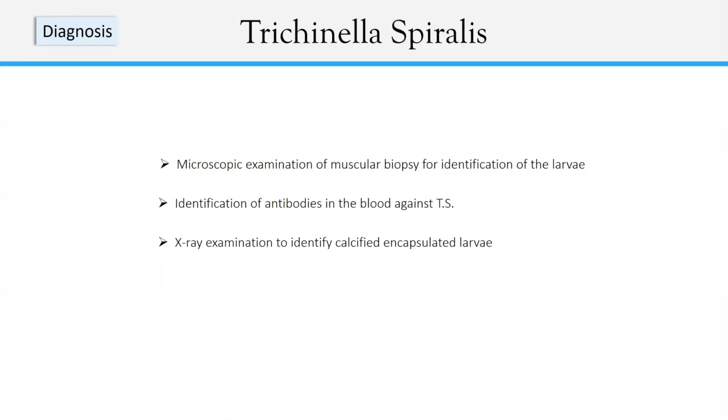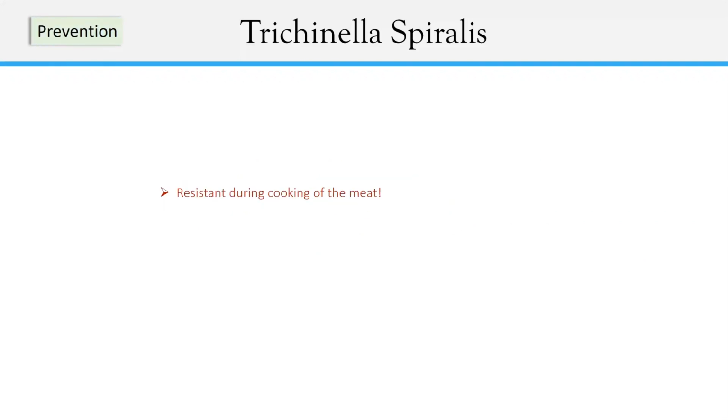Another option is X-ray examination to identify calcified and encapsulated larvae. It is important to note that Trichinella spiralis is unfortunately resistant during usual cooking of the meat, and that is why meat quality control should be routinely done by qualified personnel on the markets.